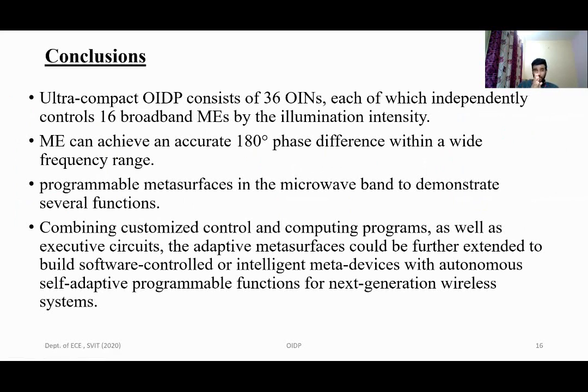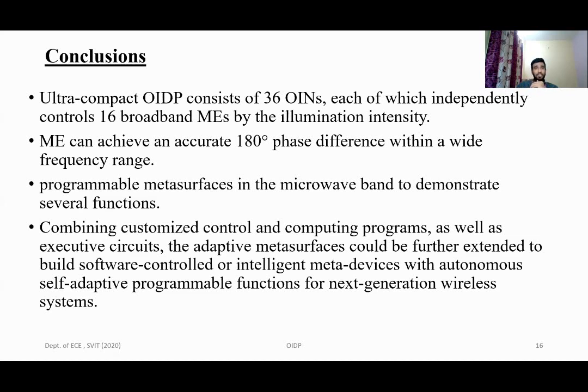Concluding the seminar, the ultra compact OADAP consists of 36 OANs, each of which independently controls 16 broadband metasurface elements by illumination intensity. So metasurface elements can achieve an accurate 180-degree phase difference with a wide frequency range, and also can be extended till 260 degrees.